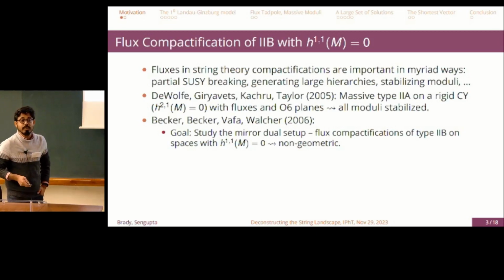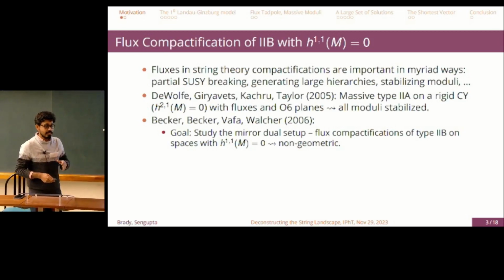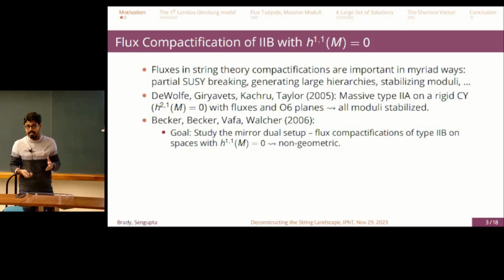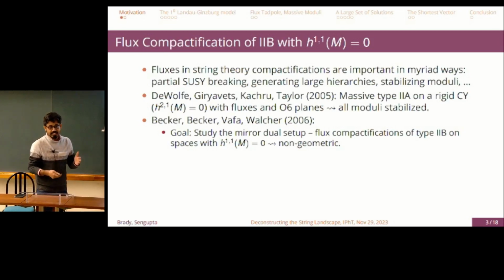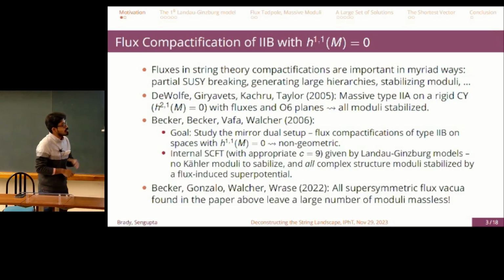So they are non-geometric, because if you look at type 2B supergravity compactifications in the geometric setting, the size of the internal manifold will always show up as a Kähler structure modulus. So since we don't have any in this setup, we can safely say that the internal manifold is non-geometric in some way. But in string theory, we have ways of producing these things.